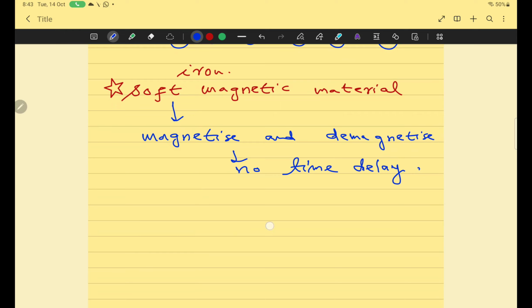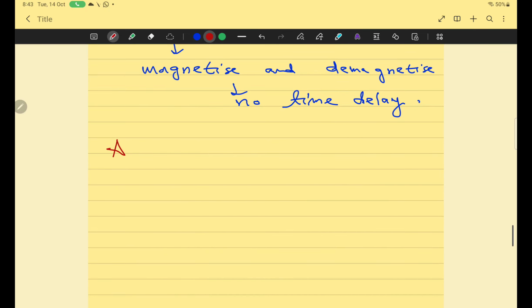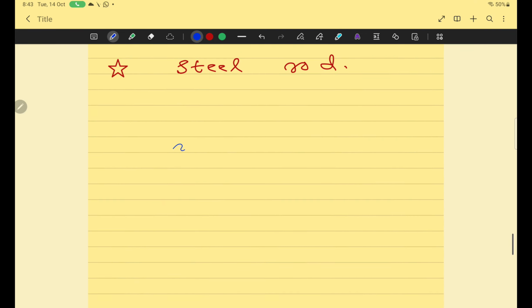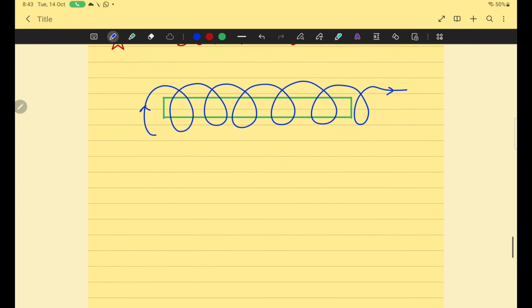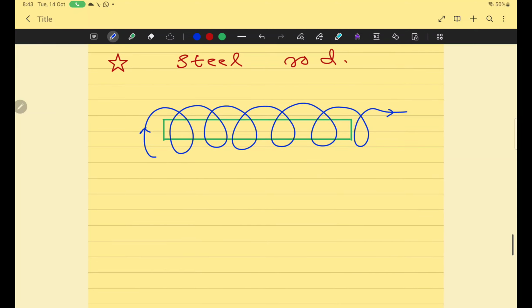But if I place a steel rod inside the solenoid, then what happens? I am going to explain. Consider this is a solenoid and electric current passes through it, and now you are placing a steel rod in the core of the solenoid. As current passes, the solenoid becomes a magnet, but the steel rod does not.